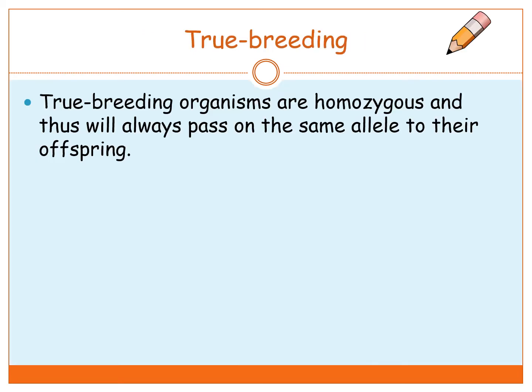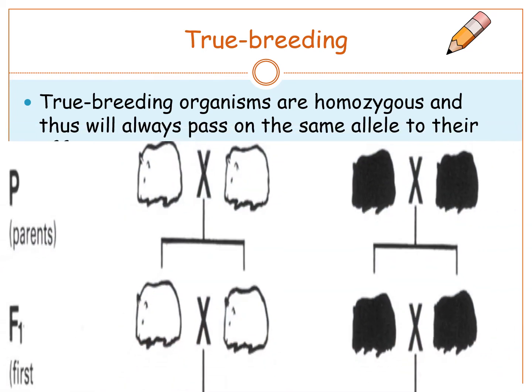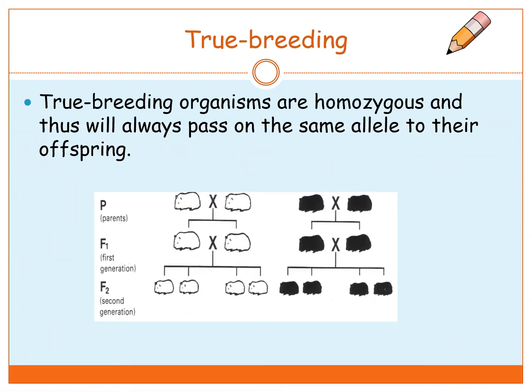So true breeding organisms are homozygous and will always pass the same alleles to their offspring. So for example, if the blacks were dominant and were big R, then all of them would be big R, because they would pass it through and all of them would be homozygous.